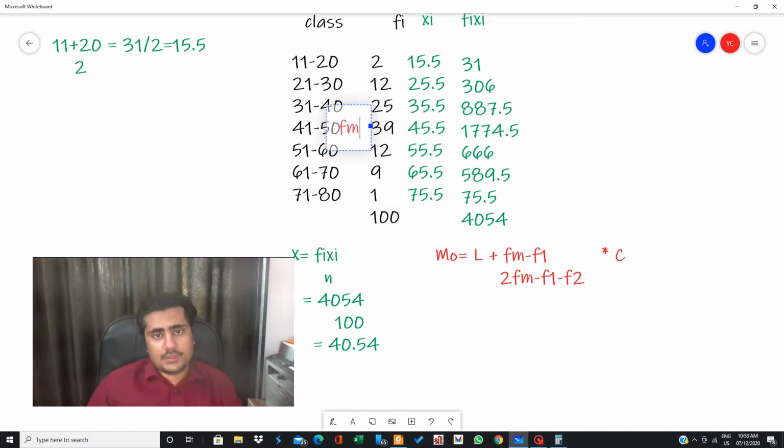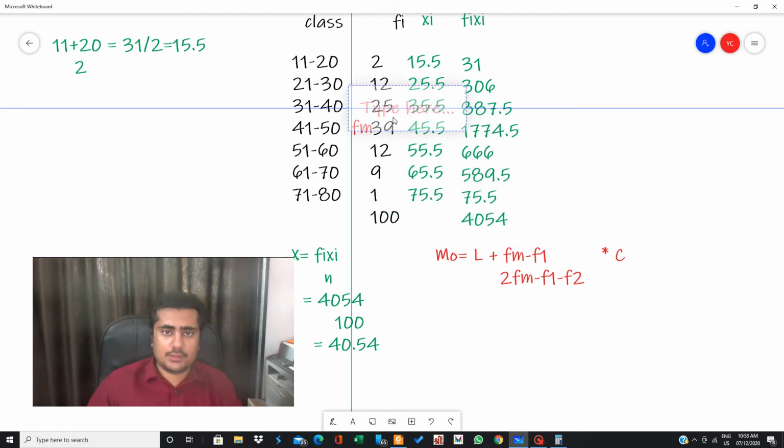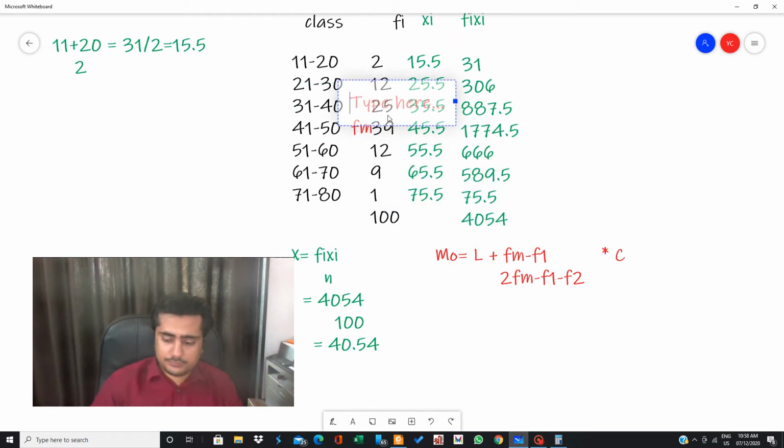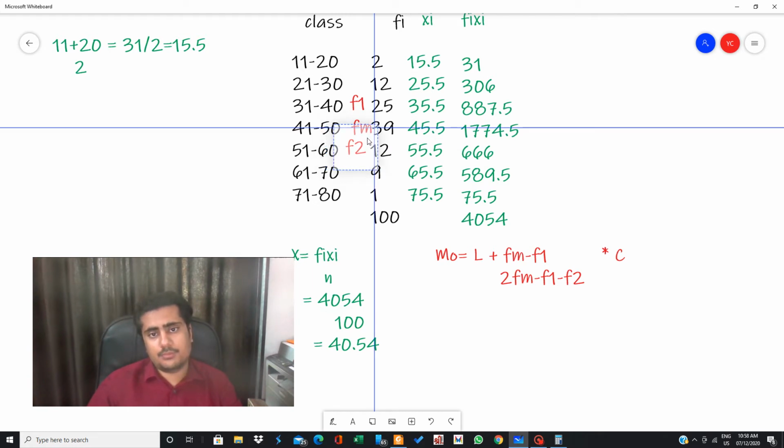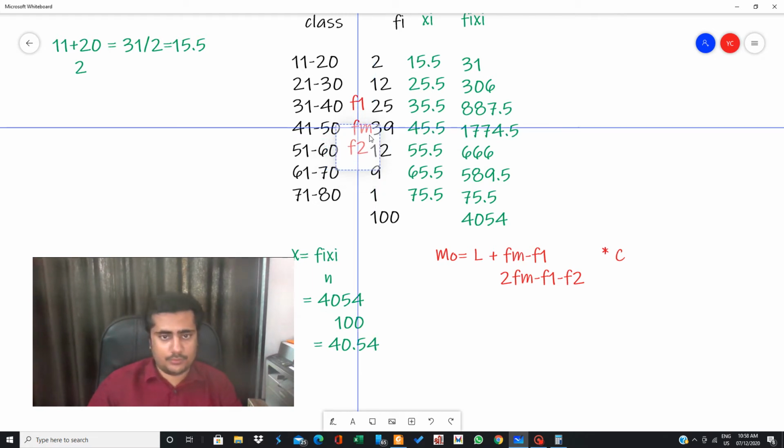In frequency, the highest frequency is known as Fm. The frequency above the Fm is known as F1, and the frequency below the Fm is known as F2.